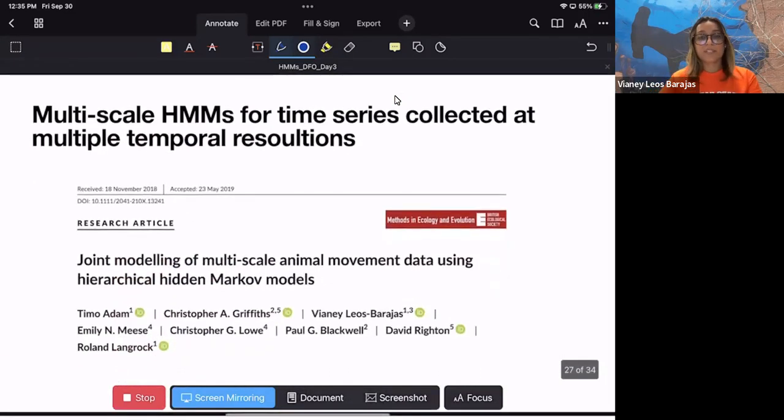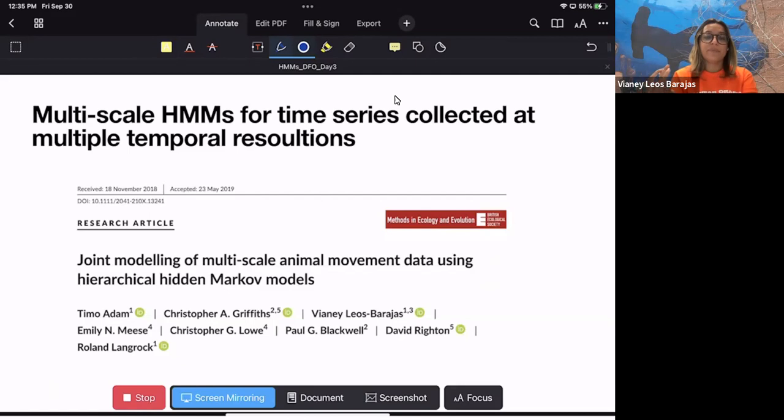One of the other reasons we wanted to do this is from one of the papers that I published with my co-authors, joint modeling of multi-scale animal movement data using these hierarchical HMMs. And the idea then is that if we have multiple sensors on one individual that records data at different temporal scales.